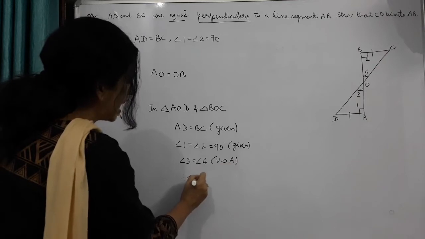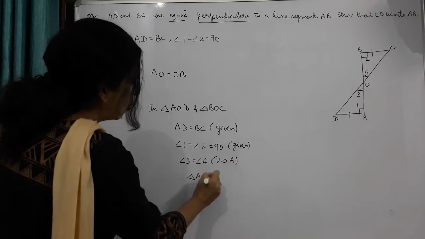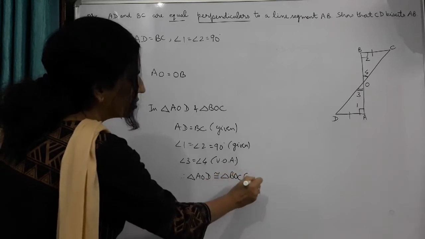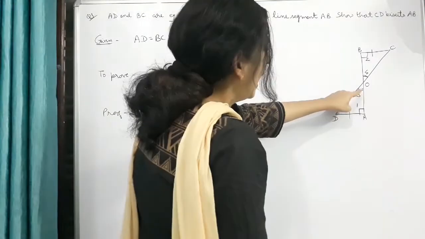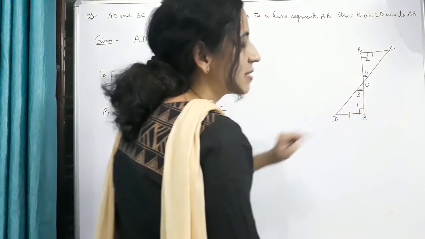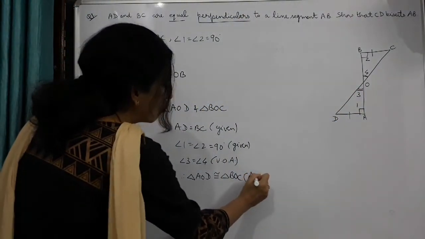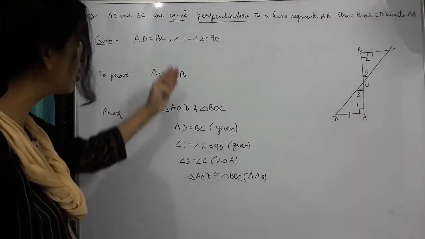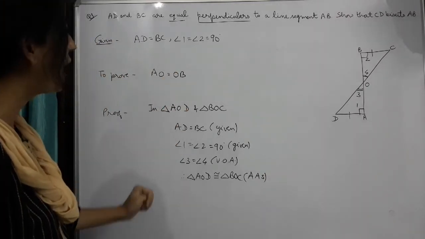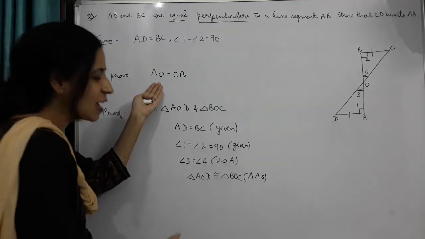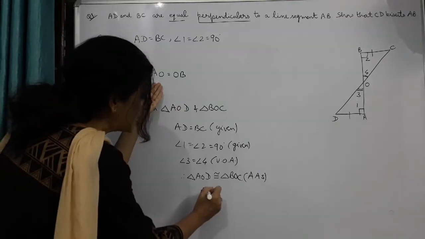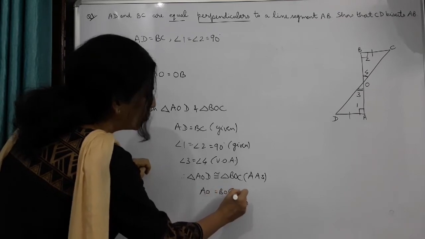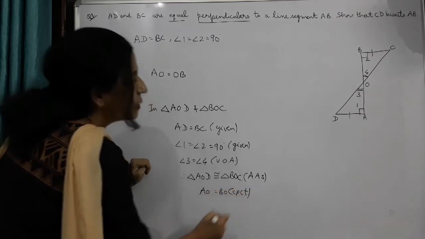So we can say that triangle AOD is congruent to triangle BOC by AAS criteria of congruence. And definitely if the triangles are congruent, then by CPCT we will get that AO is equal to BO.